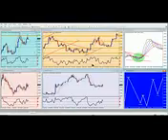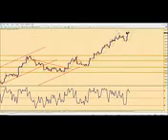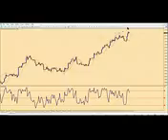Let's move on to the CAD. Haven't done the CAD. You can see some of the charts are only updated right now. Let's have a quick look at the multiple moving average. It's trending upwards. All the moving averages are pointing upwards. So what we want to do is trade with the trend on the Canadian, and that's what we're going to do.